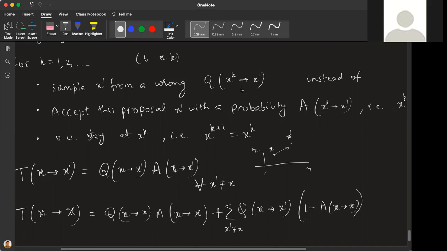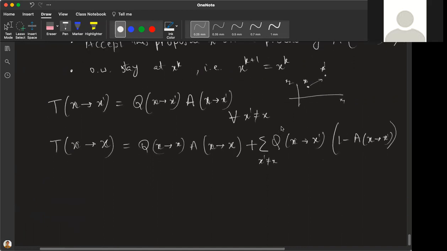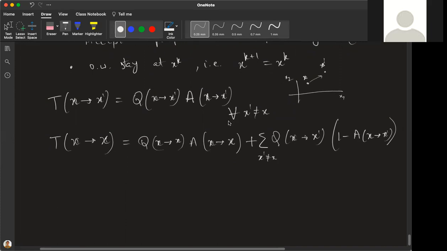So that in rejection sampling, you only had to design a Q, and the A was given by that trick. Here also, can we do some trick to design our A? Let's try to put some mathematical analysis to the known things. One of the known things is that if we are going from pi to pi dash, then my stationarity condition should be satisfied.